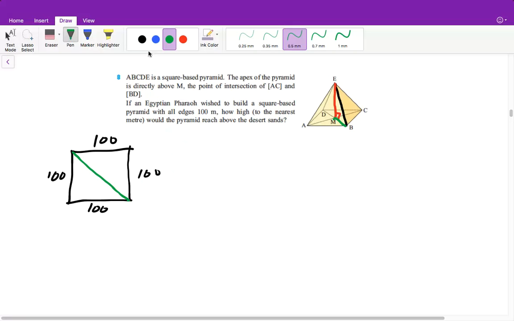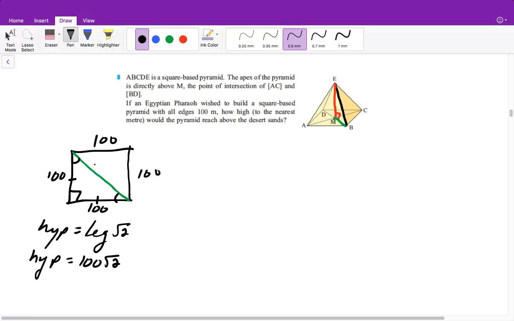So since these are both the same, I know that this is a 45, 45, 90 triangle. My hypotenuse is equal to my leg times the square root of 2. So my hypotenuse is equal to 100 root 2. So then if the whole green line is 100 root 2 and I need half of it because this is in the middle, then I will do 100 root 2 divided by 2. So that means that this green line is going to be 50 root 2.